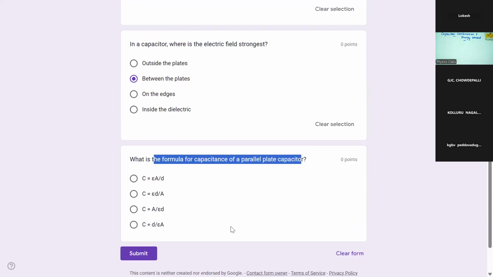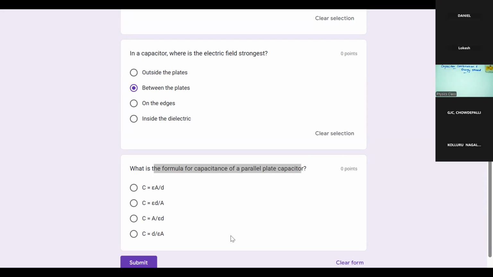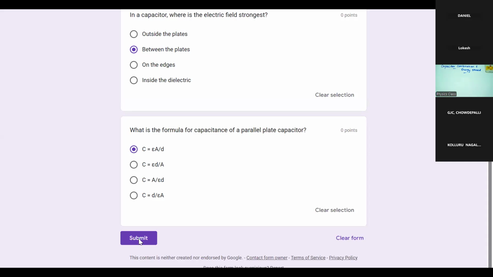What is the formula for capacitance of a parallel plate capacitor? Very good, correct.